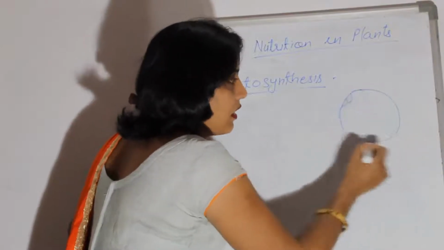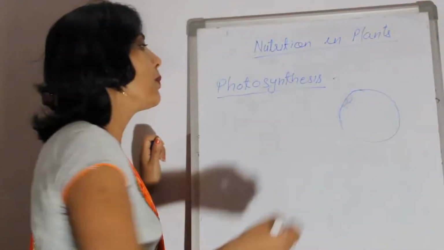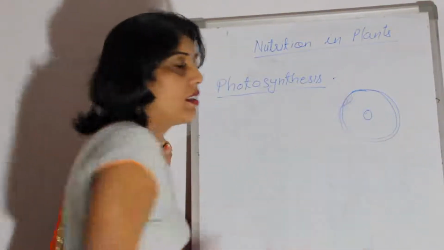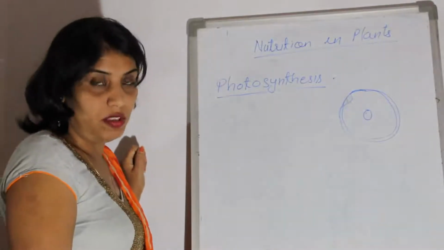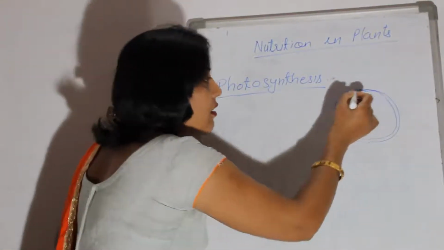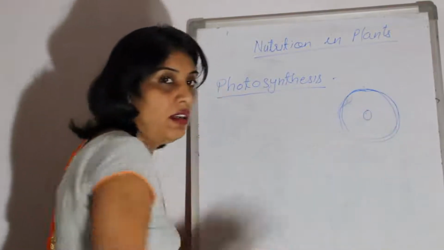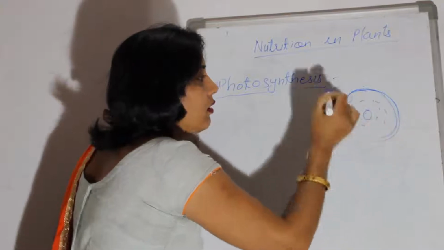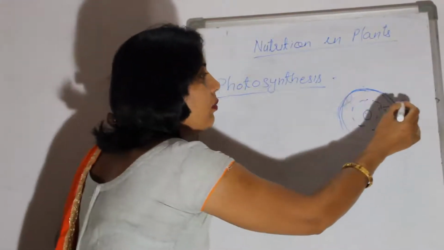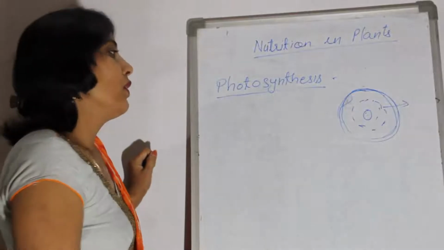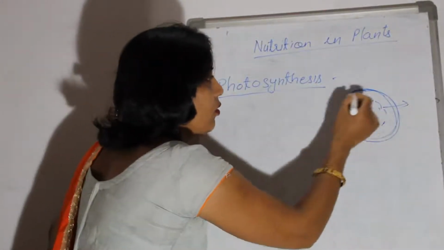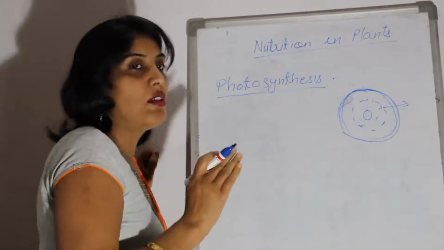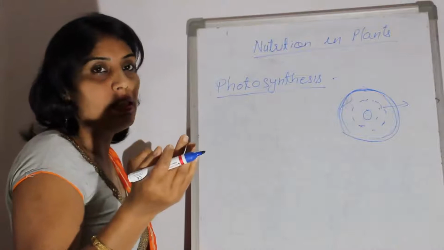There are two types of cell, plant cells and animal cells, and a prominent structure, the nucleus, is present in the middle of the cell, and the cell is covered by a cell membrane. In between the nucleus and the cell membrane there is a liquid part called cytoplasm. So this is basically the structure of a cell, but there are some differences between plant cells and animal cells.